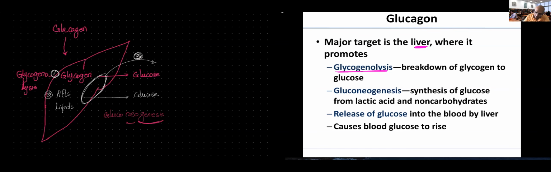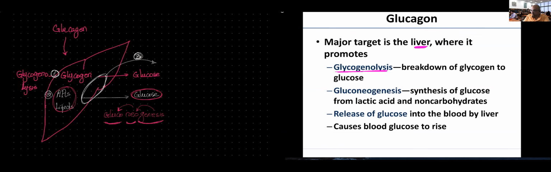Neo means like neonate means newly born. Neo means new, and gluco means glucose. So this is a formation of a new glucose. What I mean, a new glucose, that this glucose that I'm forming, it's coming from a non-carbohydrate source. It was not carbohydrate before.